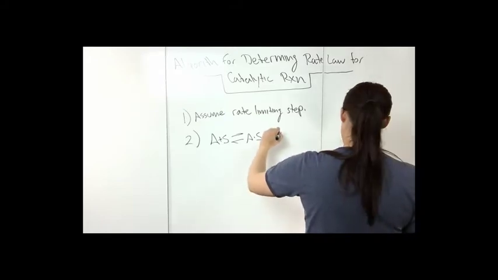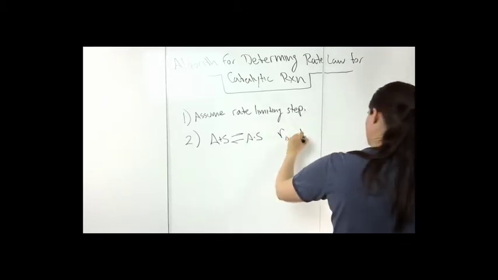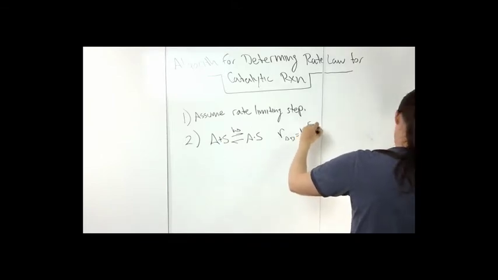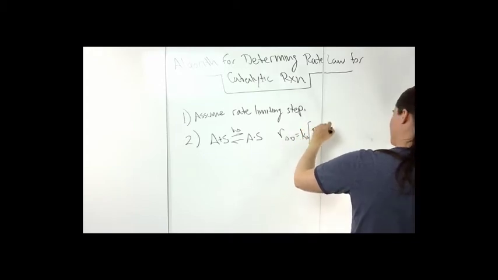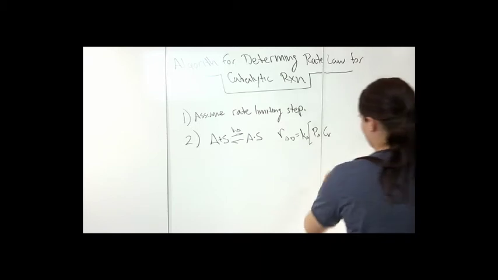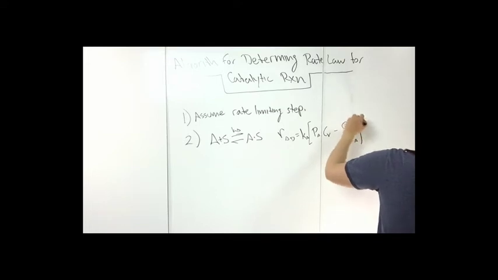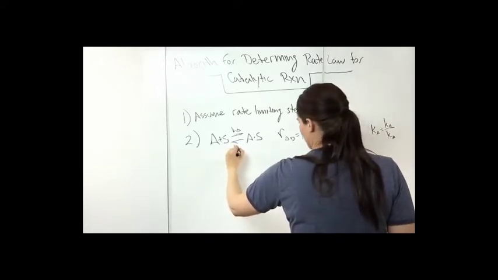So this would basically be r_AD, the rate of absorption, equal to k_A, and I'm going to say that's k_A right there, multiplied by P_A, the partial pressure of A, times C_V, which is the concentration of vacant sites, minus C_A·S over K_A, where K_A is equal to k_A over k_-A, and this is k_-A right here.